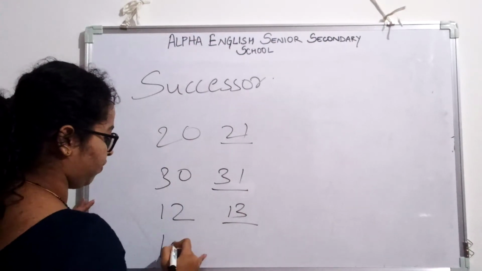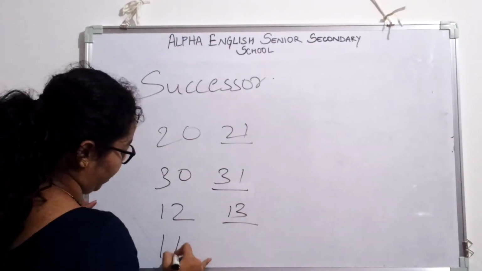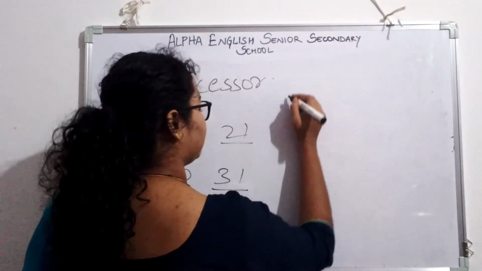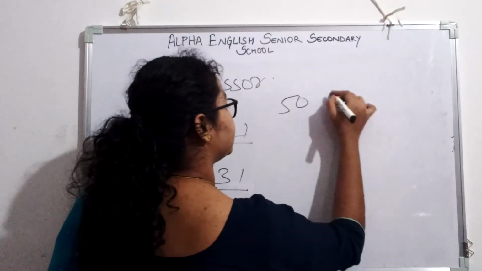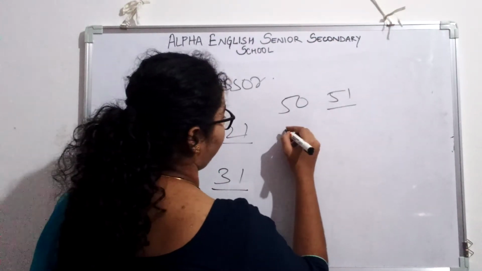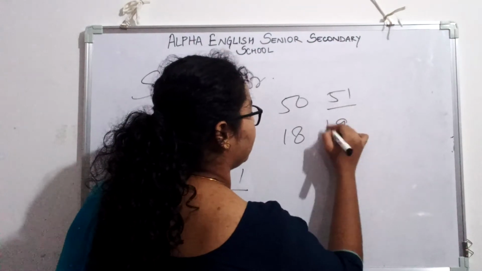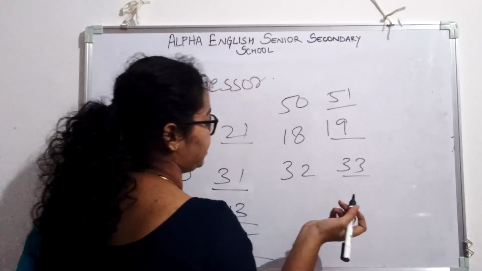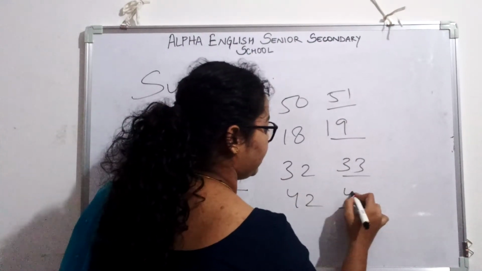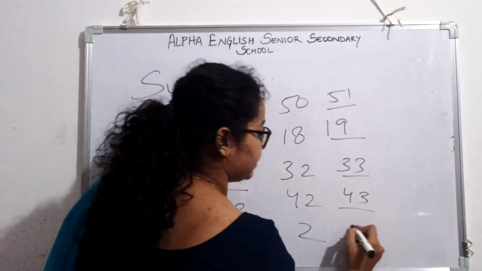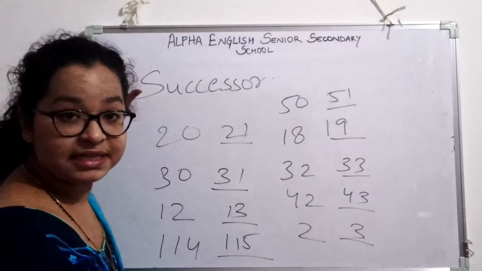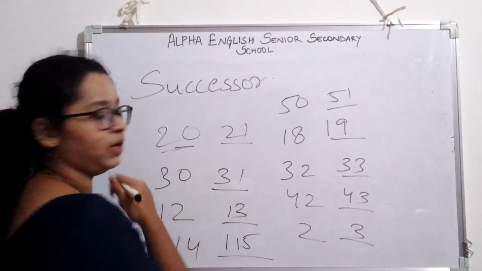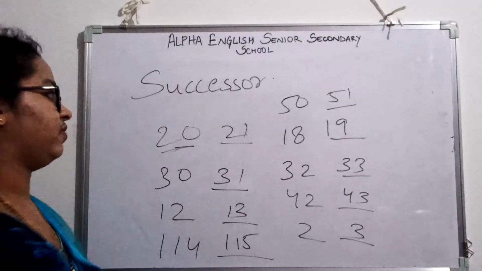What is the successor of 114? It's 115. What is the successor of 50? It's 51. What is the successor of 18? It's 19. What is the successor of 32? It's 33. What is the successor of 42? That is 43. What is the successor of 2? It's 3. Got it? Successor is a number which comes after a given number.